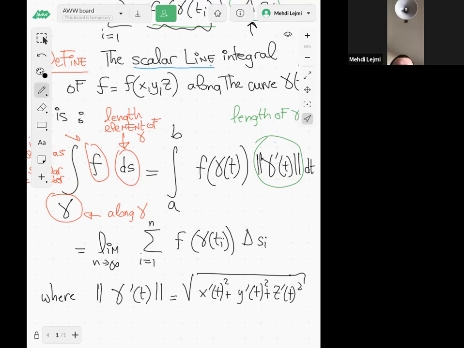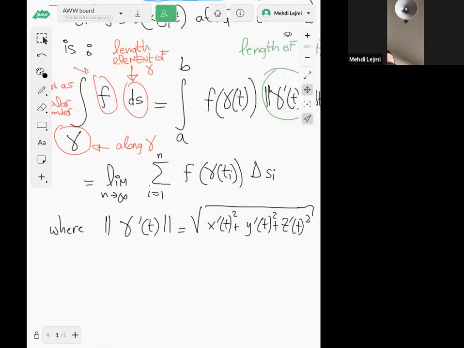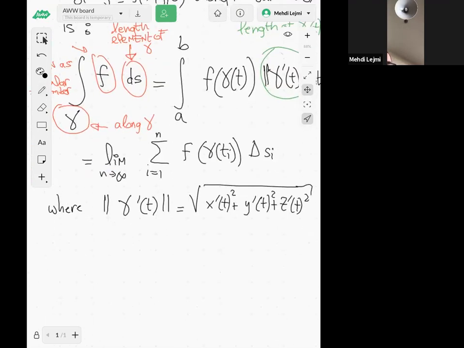Before the numerical examples, I'm going to give you one possible interpretation of this scalar line integral.